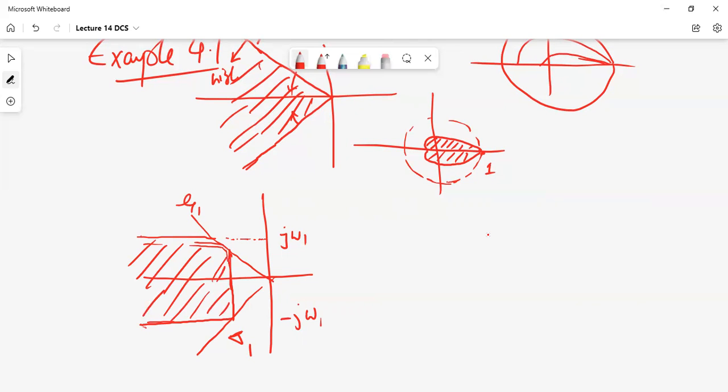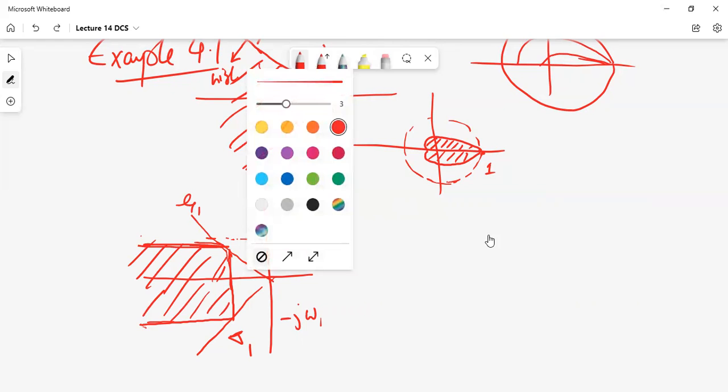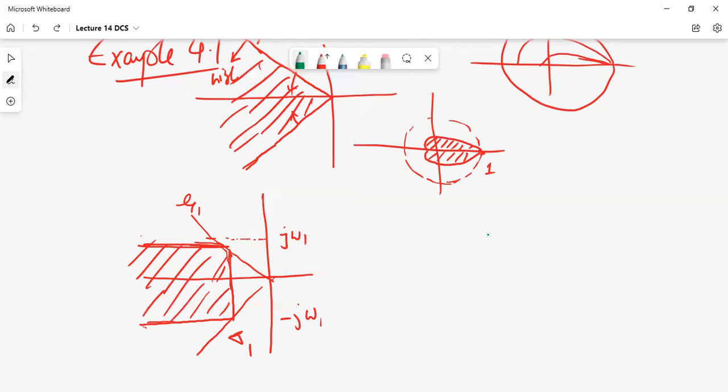So how can I predict it? First of all, what are the things you have to look at? First, your sigma is related to a circle.